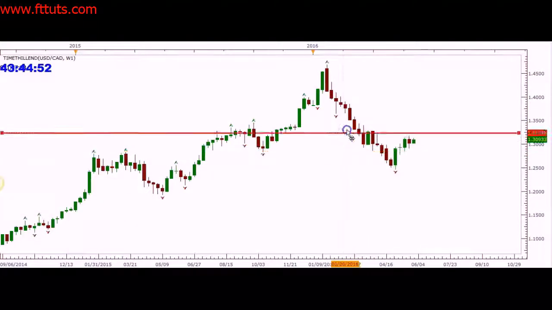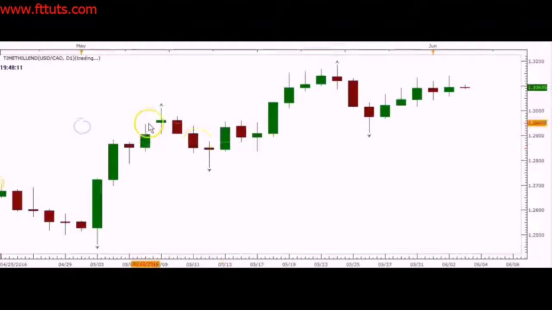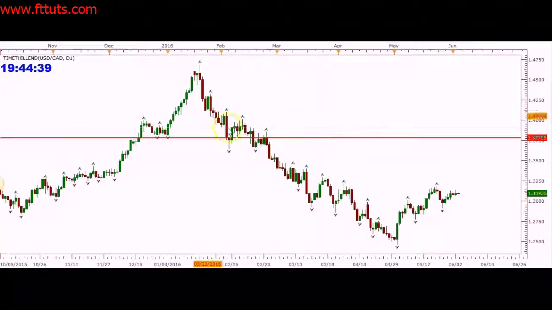So we broke a bear fractal here. Basically, I'm going to put it at this level because this is the real bear fractal. This is inside the move. All right, so then we're going to go to our daily, and now we're late, but you could see this is where we would start looking to trade with the immediate trend of the weekly time frame, and we had a break of a fractal here, and then the market pulled back.